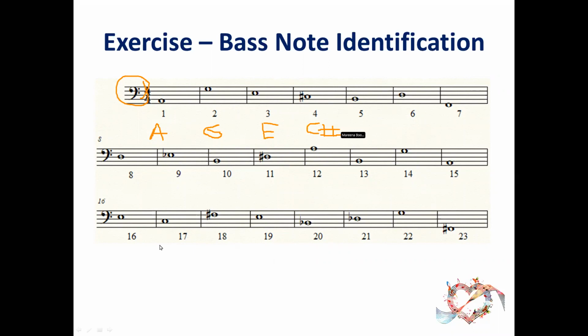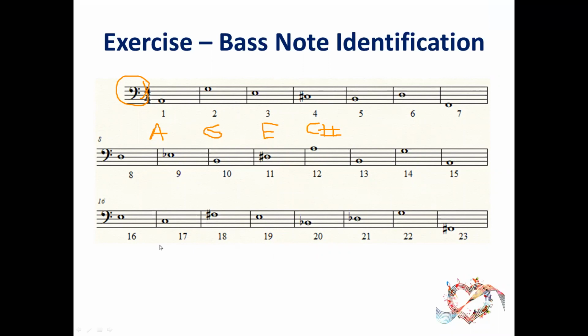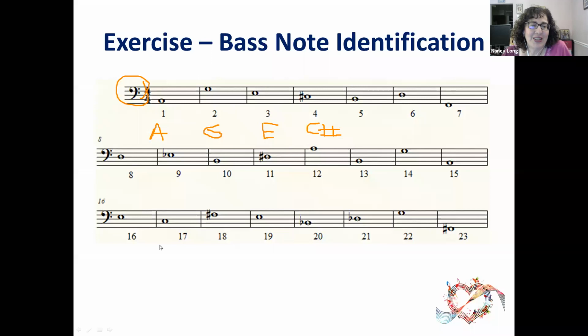Thanks. Okay, who's next? So can somebody tell us what's the mnemonic for the lines of the bass clef? What is it? Come on, it's the famous Tucson burrito.